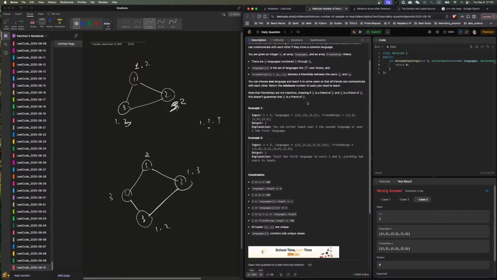Okay, so now the question is, how do we decide if the two can communicate already? So we need to find if they have any overlap, right? If they don't have overlap, those are the ones that we need to highlight.